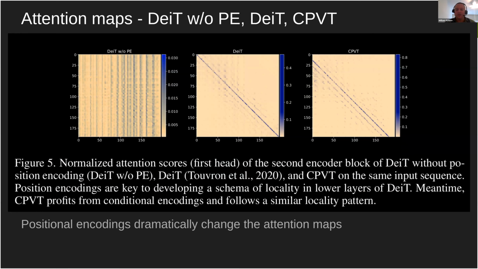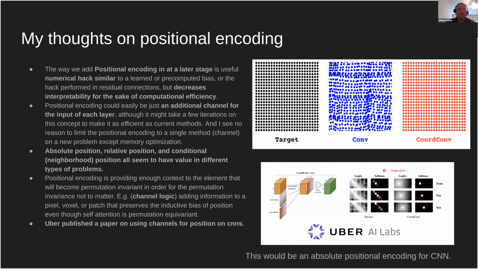So this is basically my thoughts. In some ways, I think positional encoding is a useful numerical hack in the way it's implemented, as just an addition onto the features.